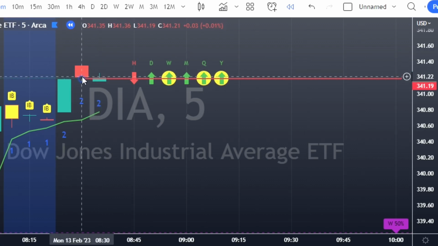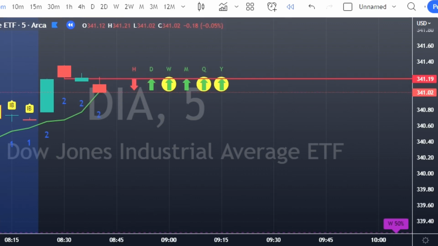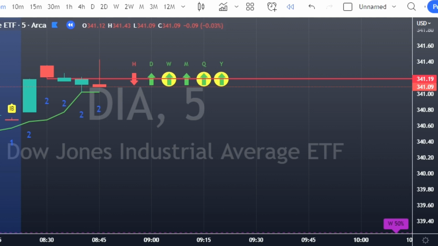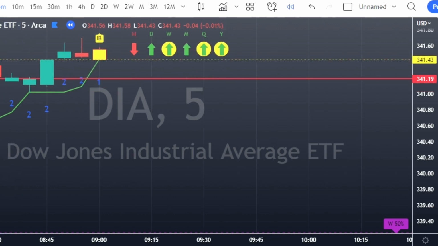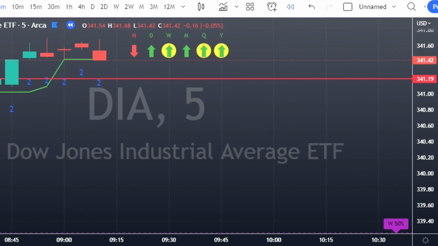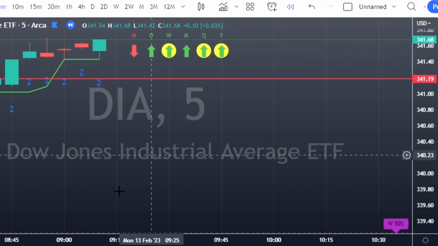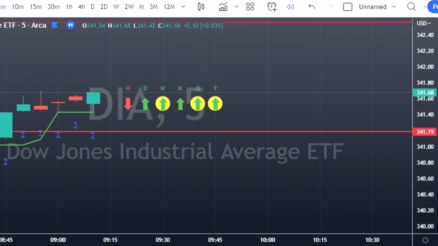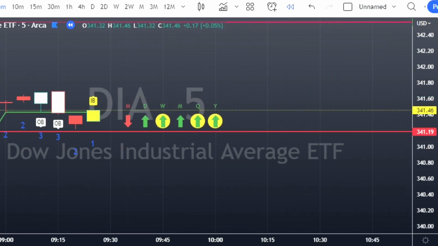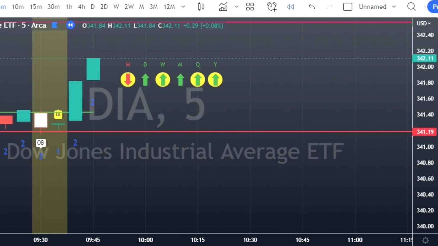So did this run a little bit more? It would have gone down, came back up more. We get some chop around. And it did actually end up going up and hitting the target. And I'll just fast forward here so you guys can see it. We eventually ran up.